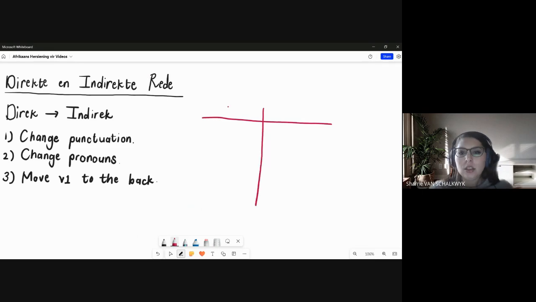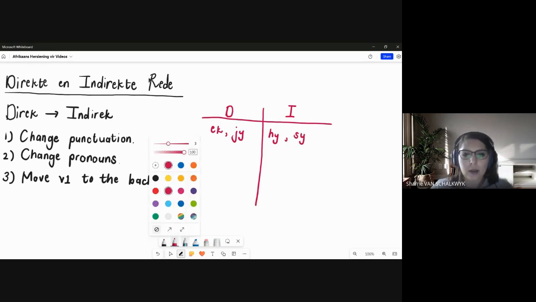This is direct, and this side is indirect. So in my sentence, I have the pronoun ek or the pronoun jy. That will change to, depending on the gender of the character in the picture, either hy or sy. Right, that's the first one.